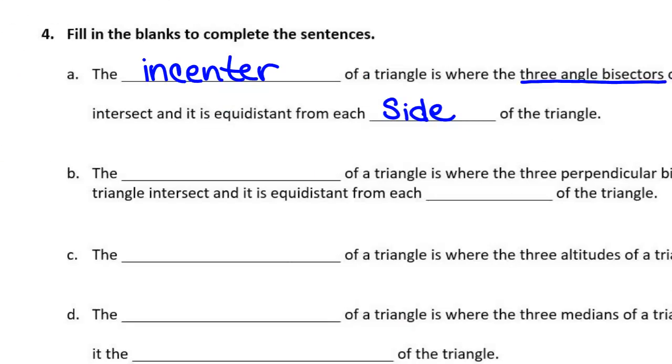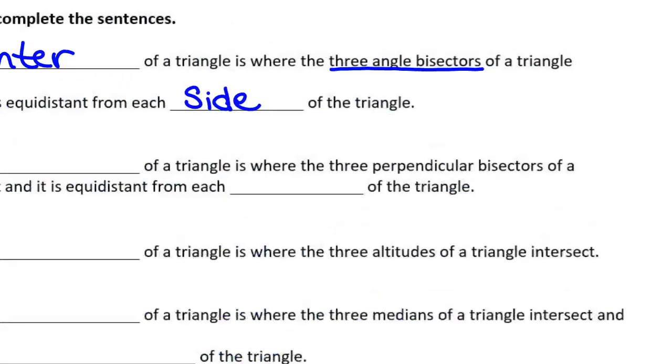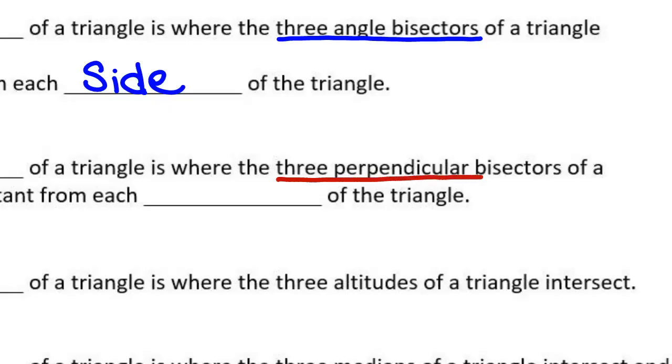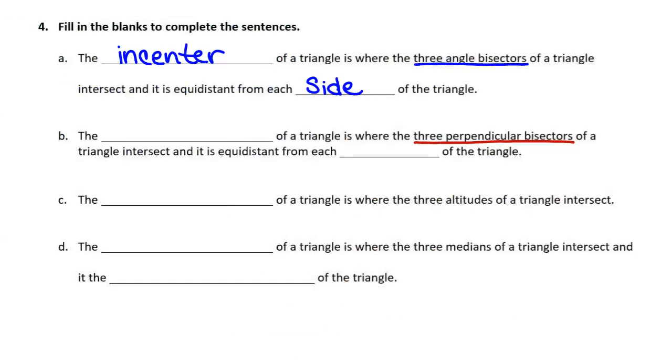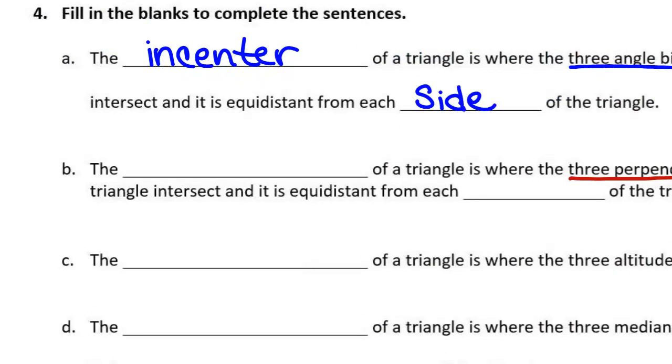The blank of a triangle is where the three perpendicular bisectors of a triangle intersect, and it is equidistant from each blank. What do we call it where the perpendicular bisectors intersect? This is another one that I just mentioned. Starts with a C. It's not the centroid.